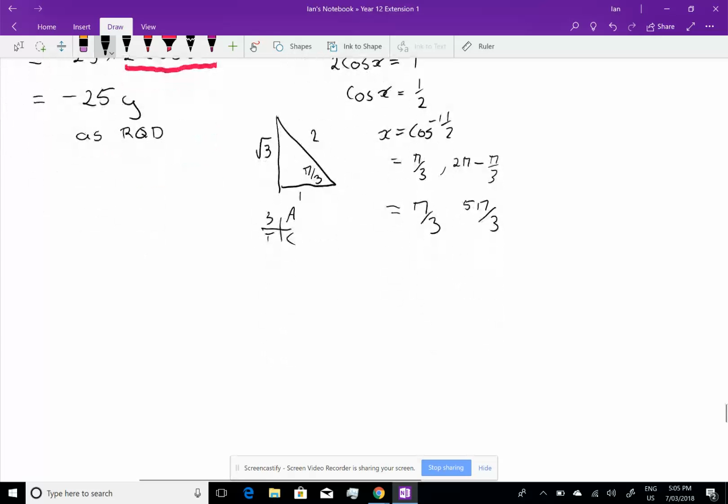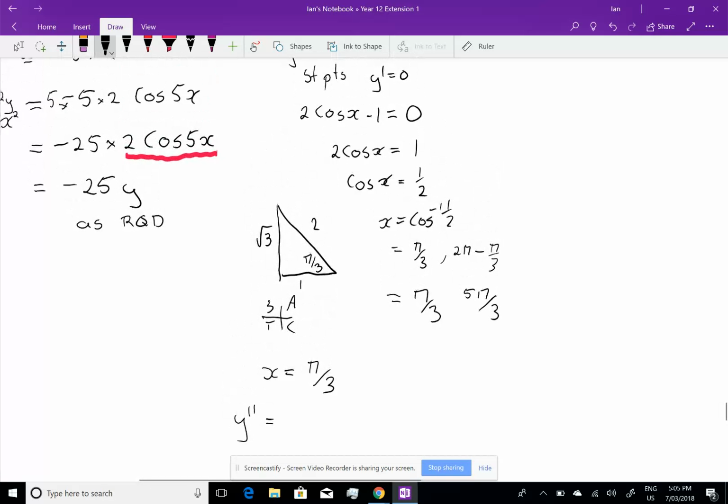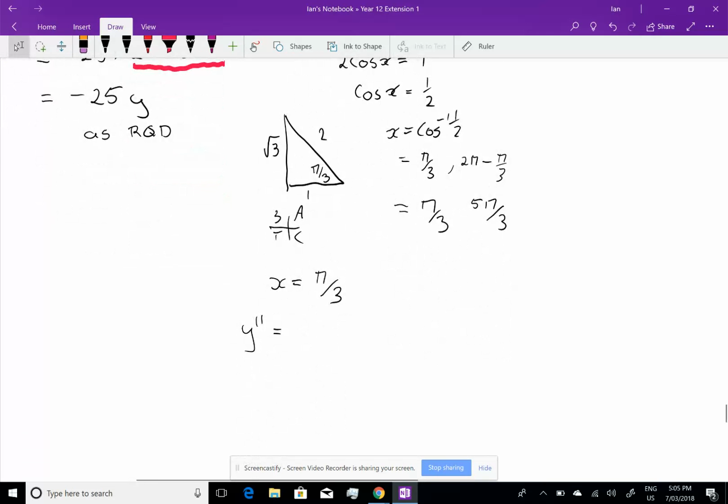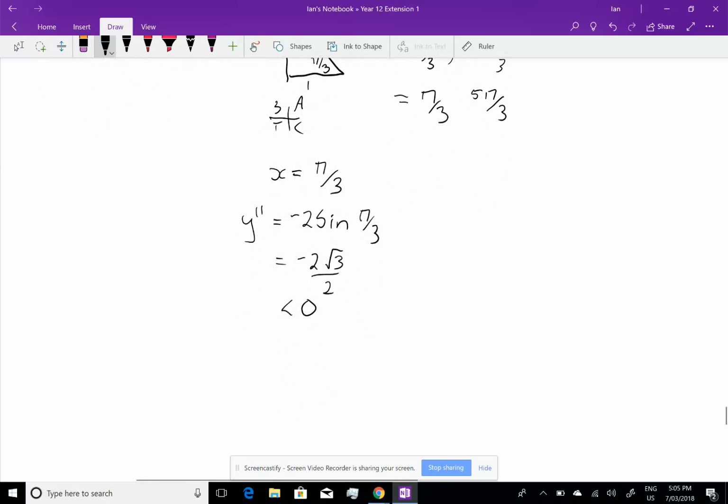Well, what happens at those stationary points? Well, when x equals pi on 3, y double dash equals what? Minus 2 sine x. Minus 2 sine pi on 3. Well, sine pi on 3 is root 3 on 2, which is minus 2 root 3 on 2, which is less than 0. So that is a max TP.